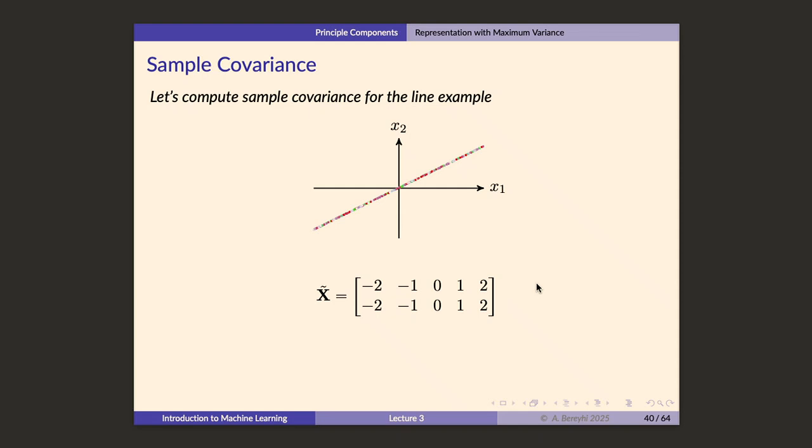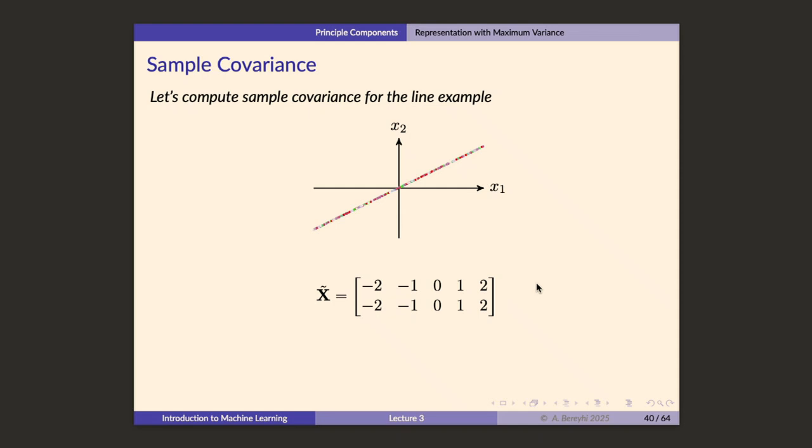So my x tilde is going to be minus 2, minus 2. What is the second one? Minus 1, right? Next one is in the center, 0, 0. Next one, 1, 1. Next one, 2, 2, right? This is going to be your x tilde.